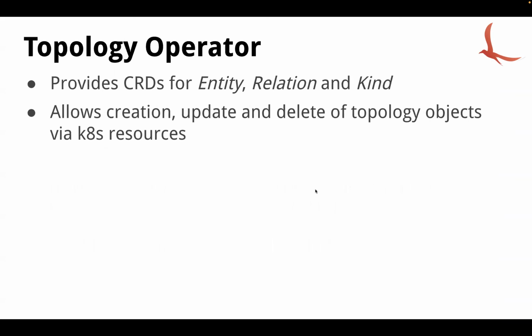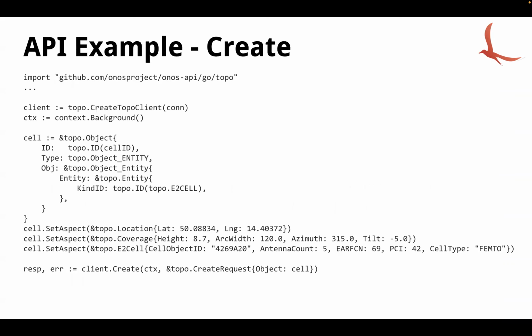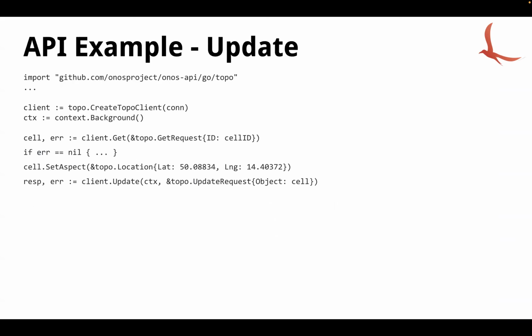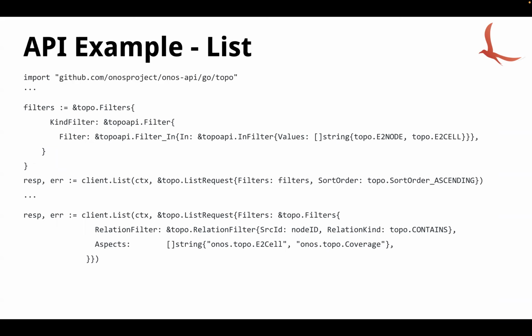So I had a question on that code. Which code? The list example. The list, yes, right here. So in the first filter, you're passing the gRPC messages directly in the in-filter values.